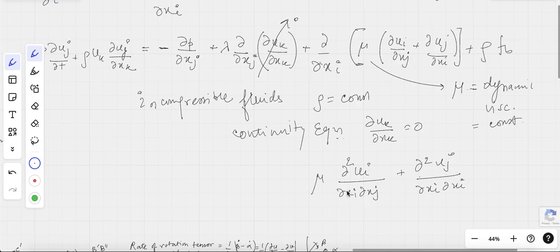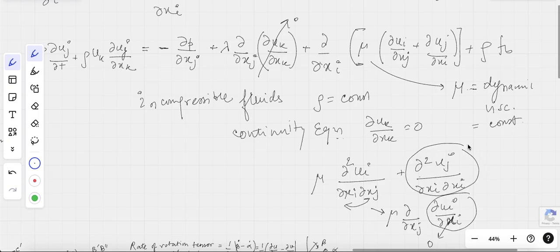Now these are interchangeable, so this one becomes mu d of dxj of dui by dxi, right? This again from the continuity equation is 0, so only this term is left, right?